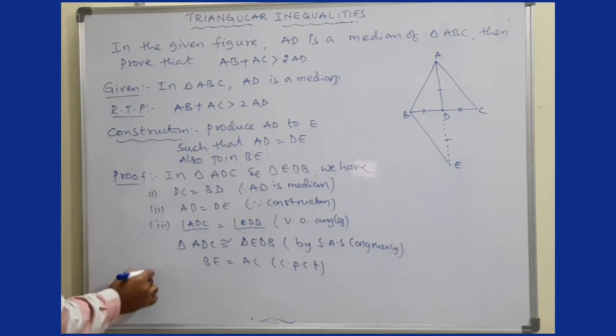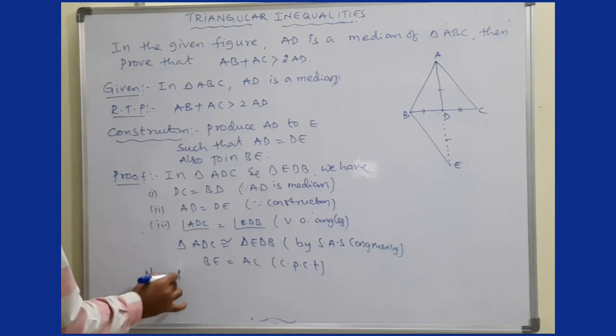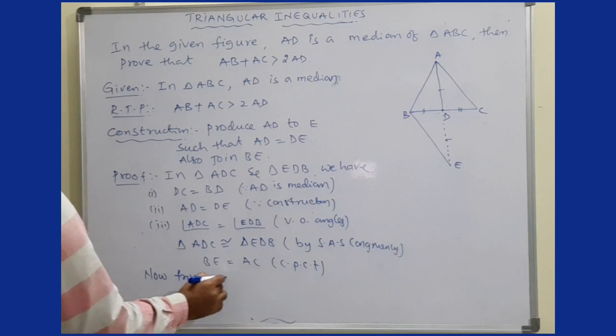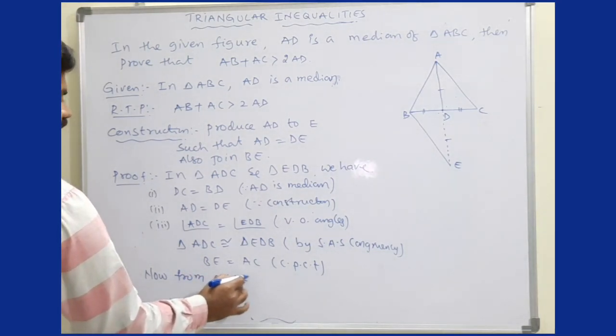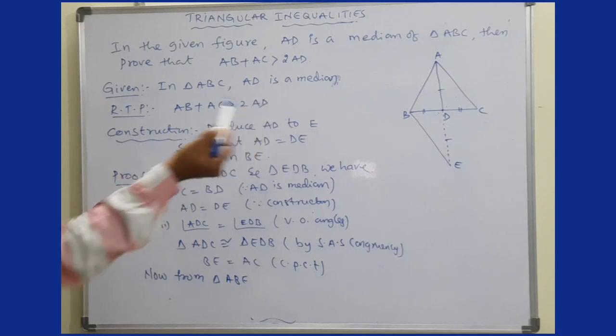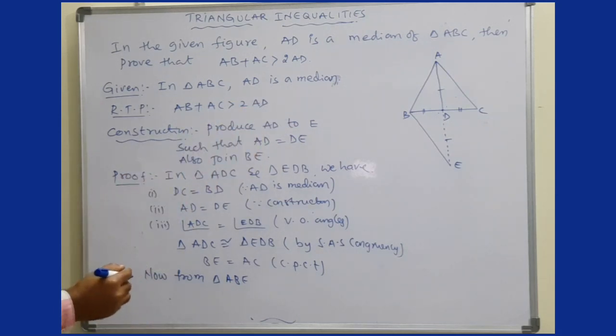Now also observe triangle ABE. In triangle ABE, what can we say? Clearly, we know that the sum of any two sides is greater than the third side.